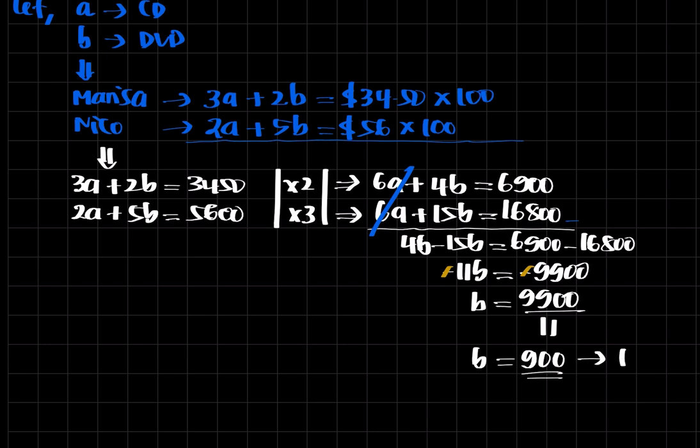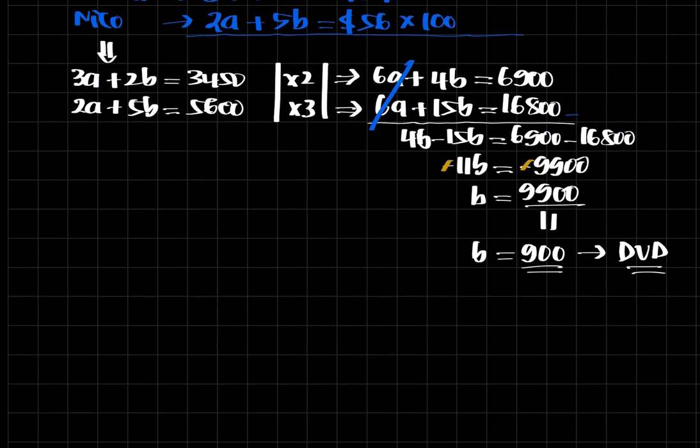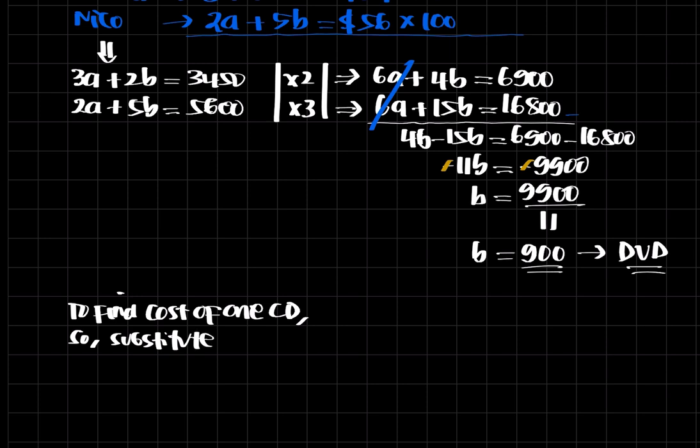Now we have to find out the price for a CD. Now substituting to find the cost of one CD. Substitute B equals 900 into one of the equations.